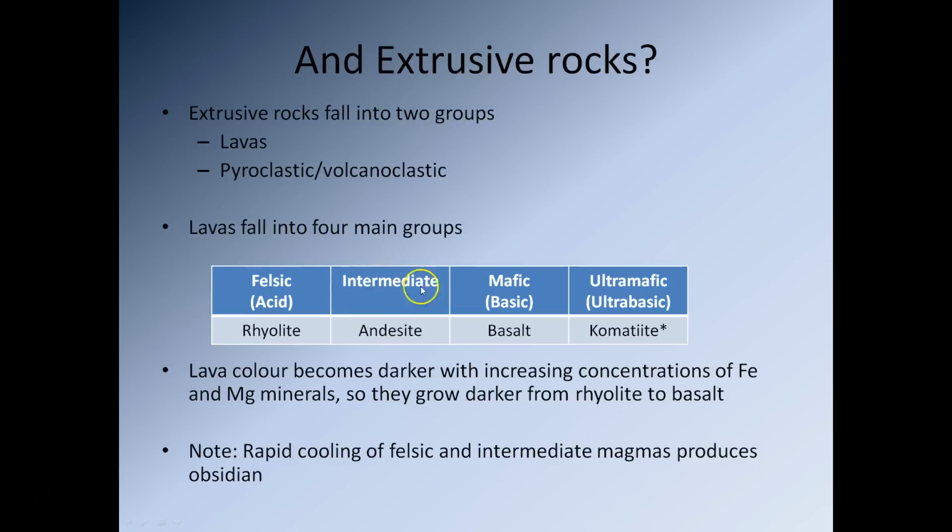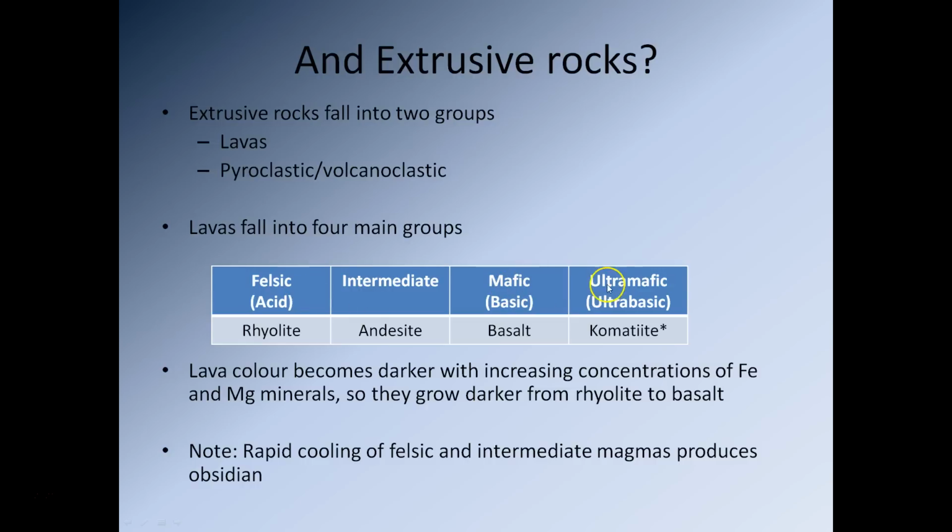So felsic and intermediate magmas have lots and lots of volatiles dissolved in the magma. That means that as the magma moves to the surface, those gases can come out of solution and form gas bubbles, and gas bubbles expand rapidly, and that can cause an explosion. So felsic and intermediate magmas are associated with explosive volcanism, and therefore you are very likely to have pyroclastic and volcanoclastic rocks associated with them.